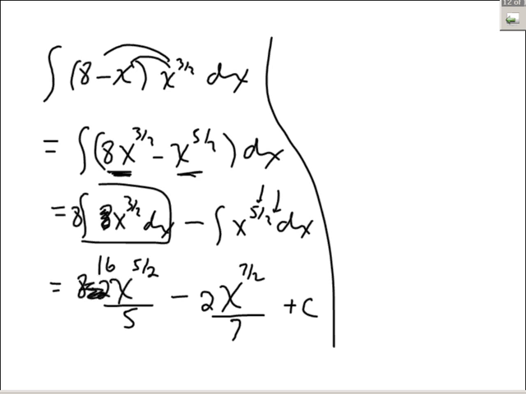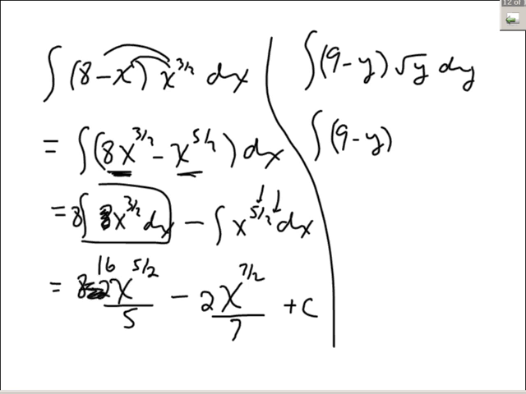I don't know what I was thinking. You do it exactly. If you have 9 minus y times the square root of y dy, and so square root of y is y to a power. You just distribute.